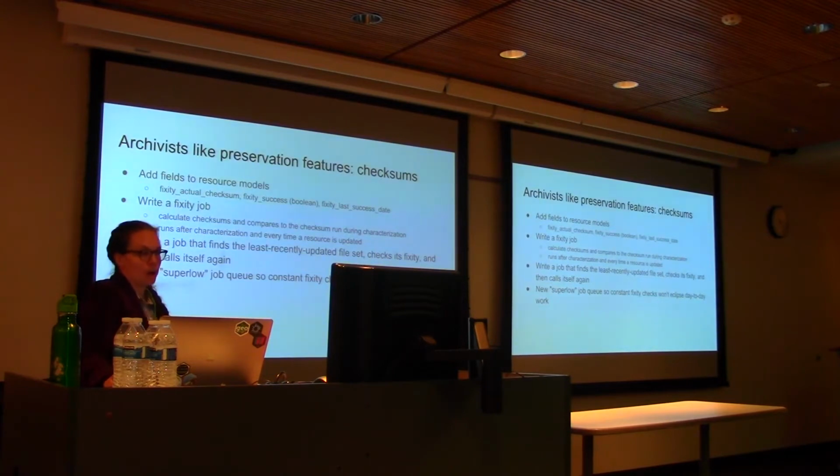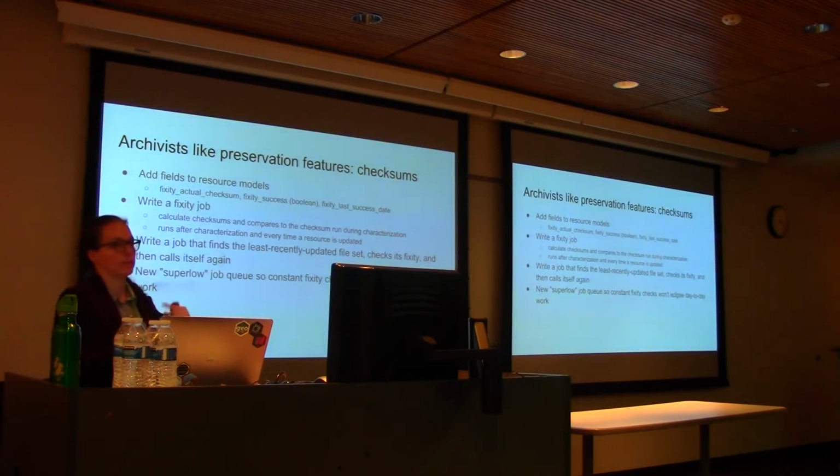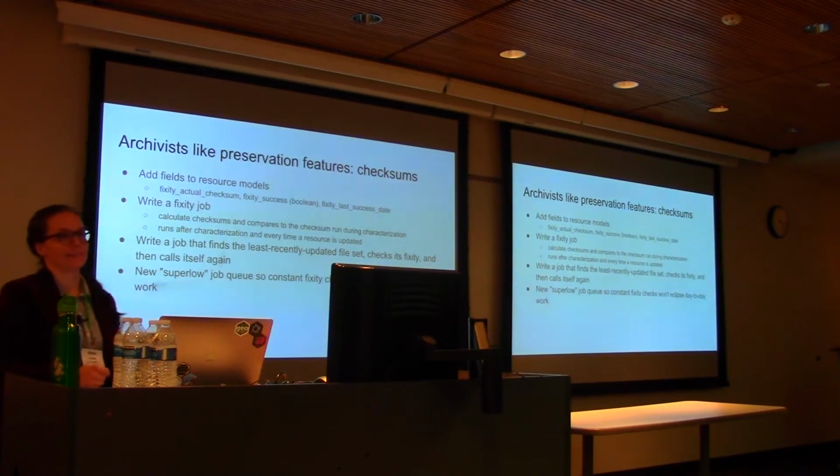We wrote a job to calculate the checksums and compare them to those expected values, and we ran that job right after characterization was finished, and we also set it up to run every time a resource is updated. We also wrote a job that will find the least recently updated object in the repository, run the fixity check on it, and then call itself again. So we kind of have this little process that will chug through all of our resources on an ongoing basis.